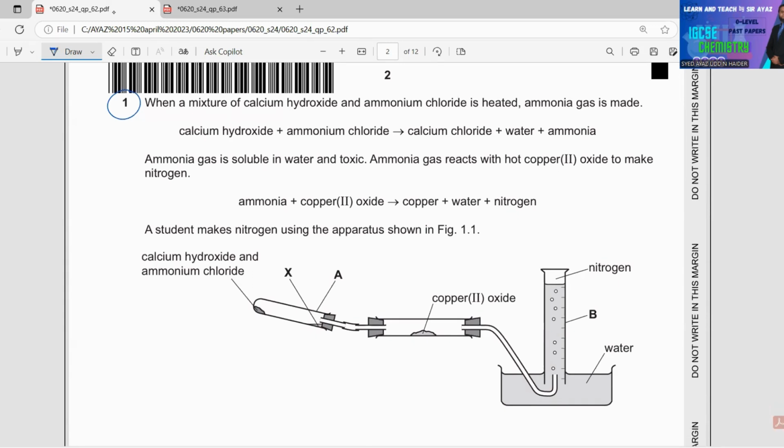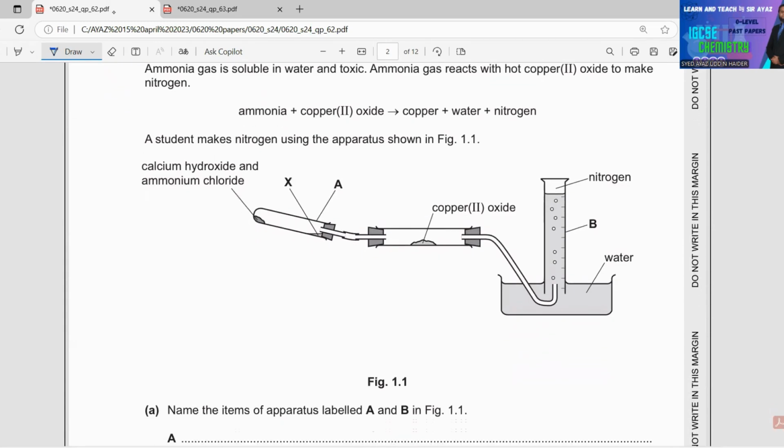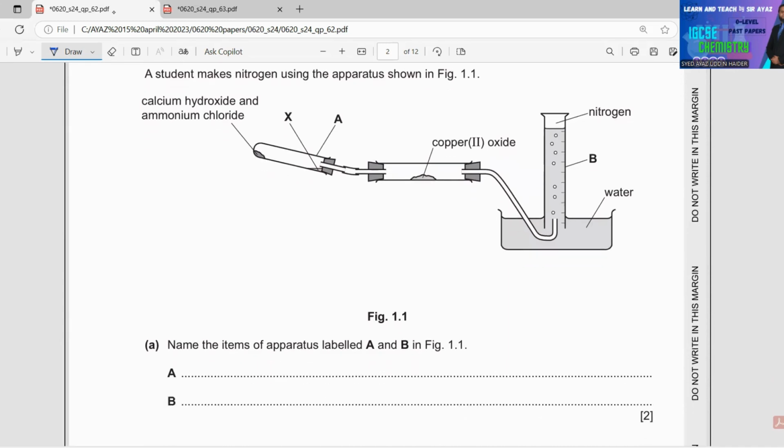Here's figure 1.1. You can see we have apparatus A, B, we have a chemical substance X. A. Name the items of apparatus labeled A and B in figure 1.1. In A, it's a boiling or test tube.